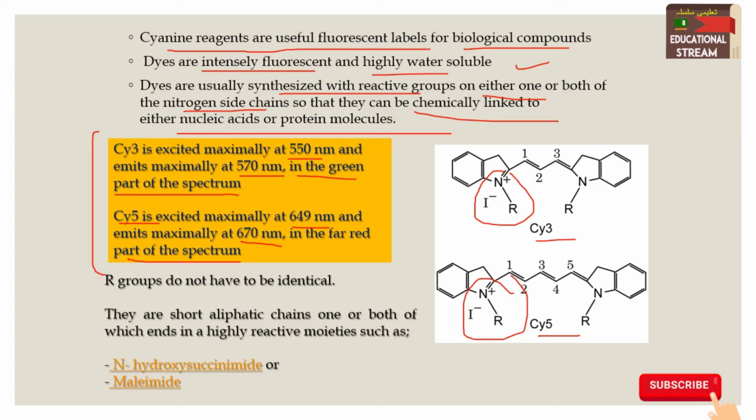The R groups represented here don't have to be identical; they could be different. They are short aliphatic chains, one or both of which end in highly reactive moieties so that they become attached to other molecules, and these reactive moieties could be maleimide or N-hydroxysuccinimide.